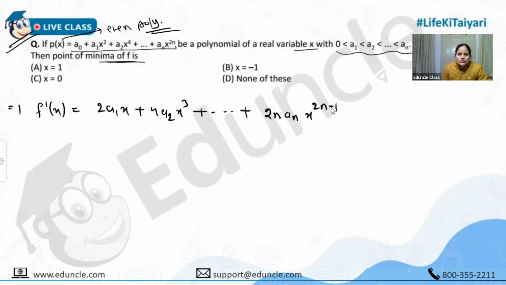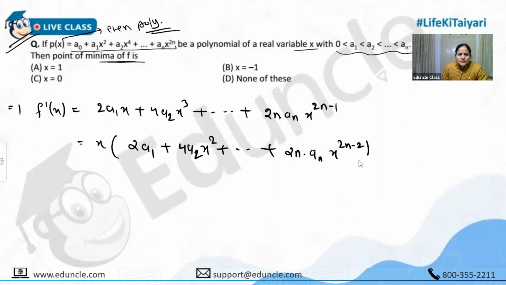So clearly it is an odd degree polynomial, है ना? Every term is odd, so I can take x outside. Then I have here 2a1 plus 4a2 x square and keep going like that, twice n x to the power twice n minus 2. ठीक है? So it is nothing but an even polynomial. Yes, na?